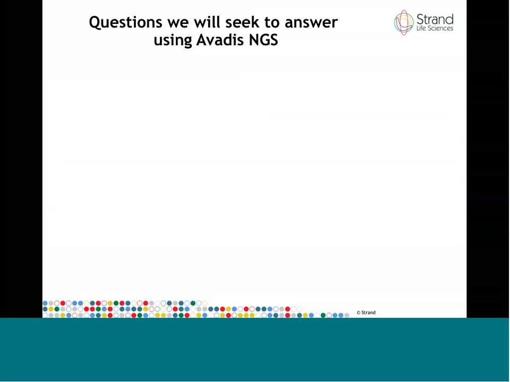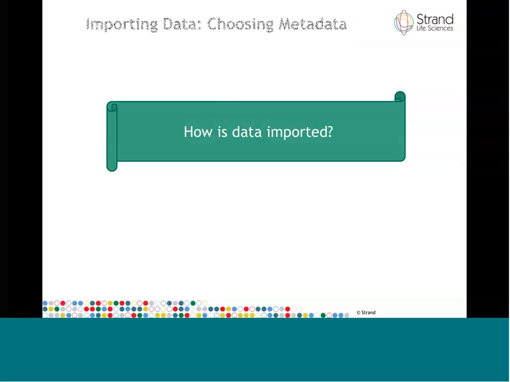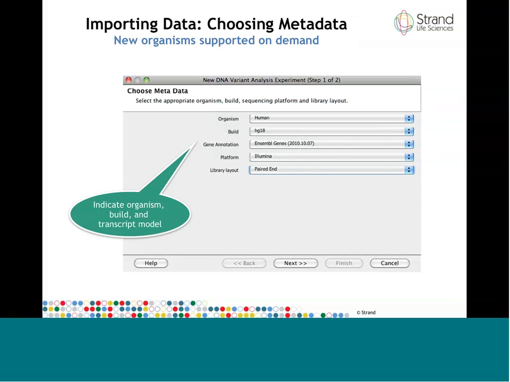To begin with, how is data imported? What you see here is the import dialog in Avadis NGS. The very first thing you have to do is to indicate the organism, the genome build, and the transcript model of interest. We have prepackaged annotations available for a variety of organisms, so for most of the standard organisms and several others as well.